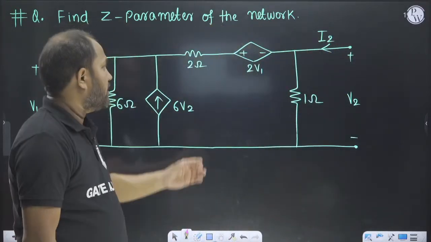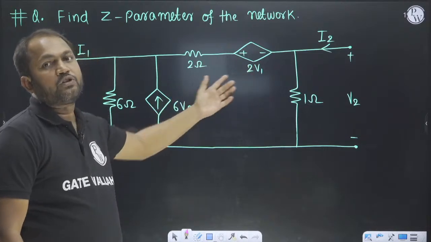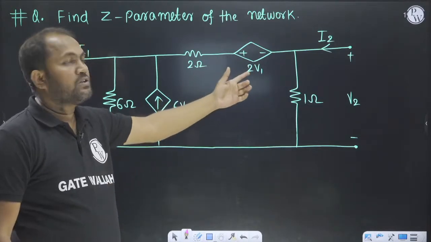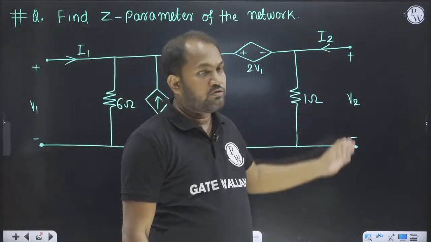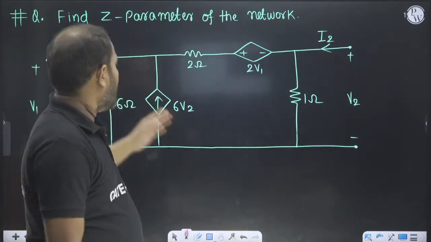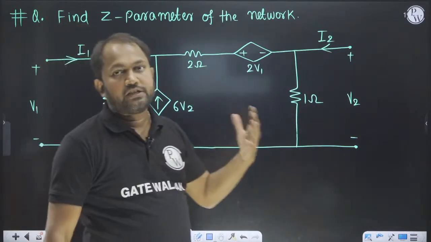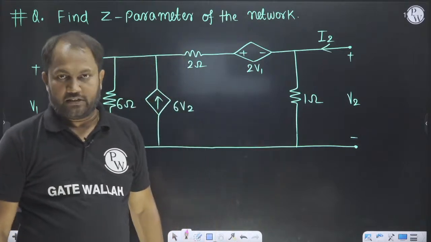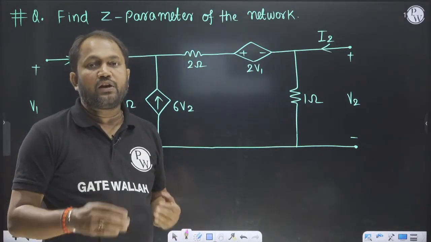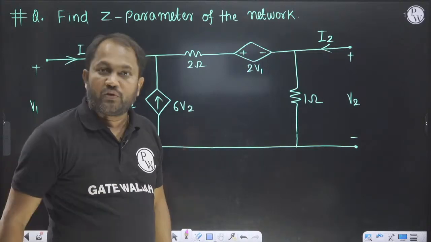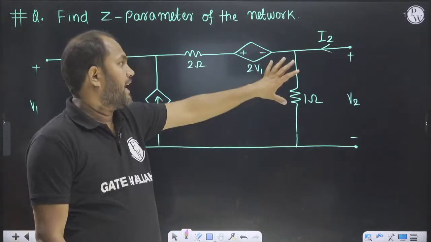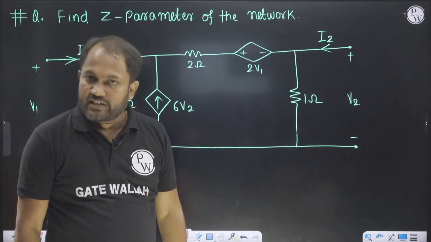So what we will do is first go through the Y parameter, because I will make V1 and V2 zero, then it will be very beneficial. V2 equal to 0 is short circuit, and V1 equal to 0 is short circuit. That will give you a significant result. Direct Z parameter calculation is very tough here.